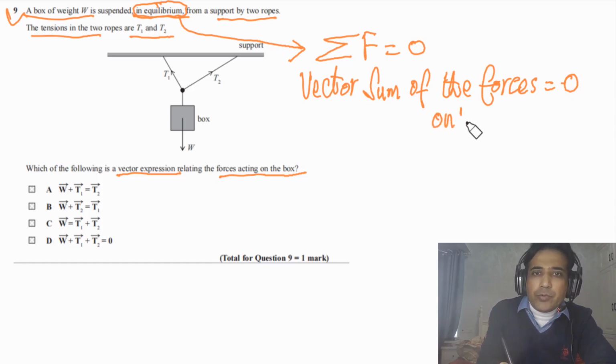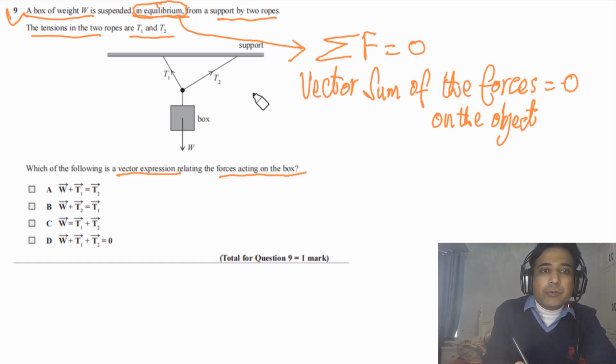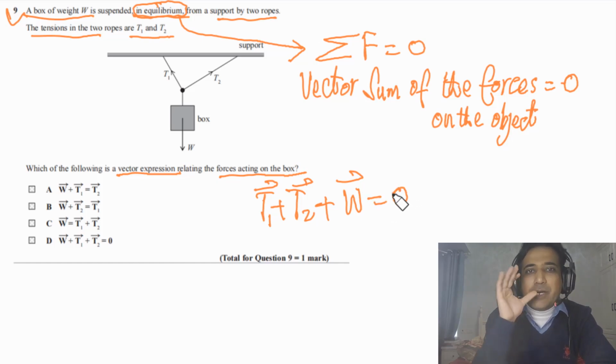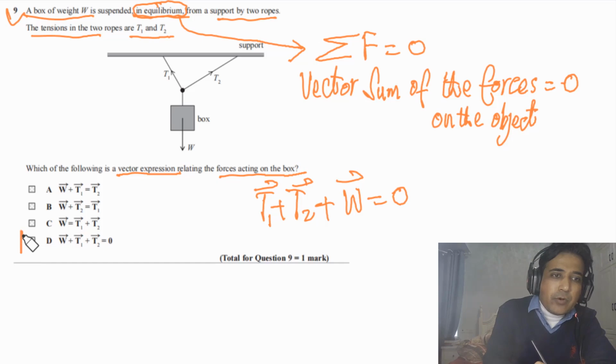So we have three vectors here: vector 1 T1, plus vector 2 T2, plus the third vector, and the sum has to be equal to 0. So the answer for this question has to be D.